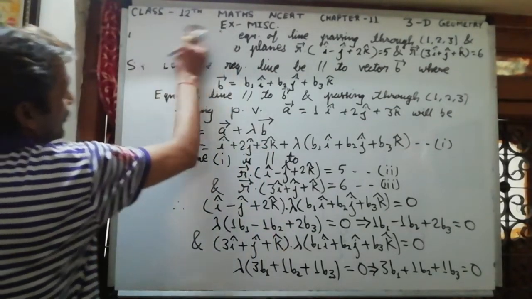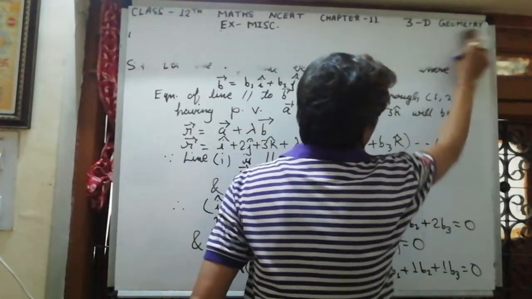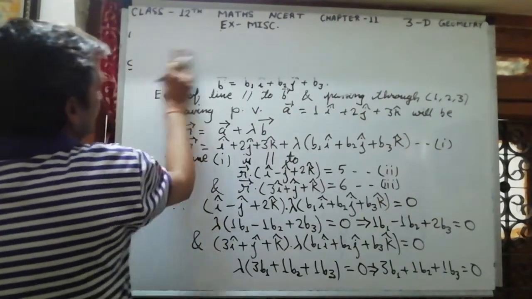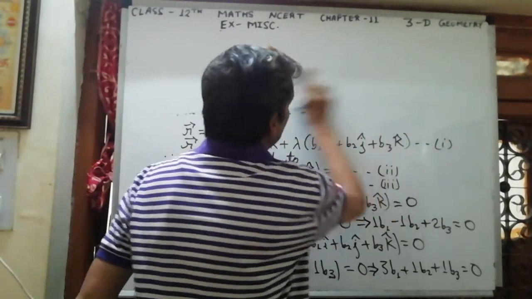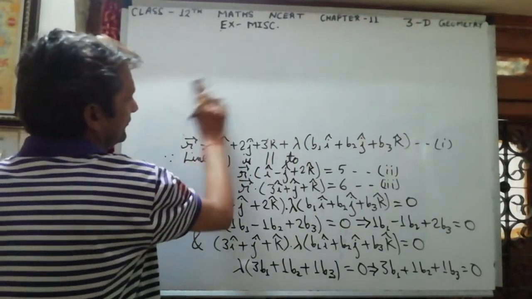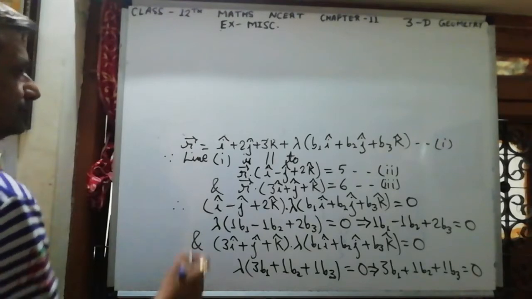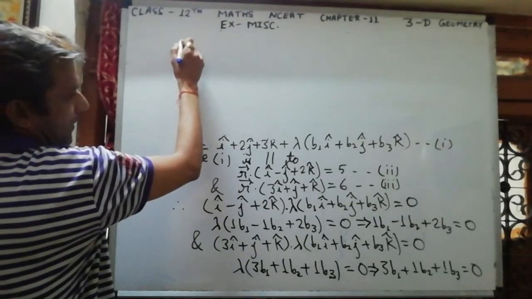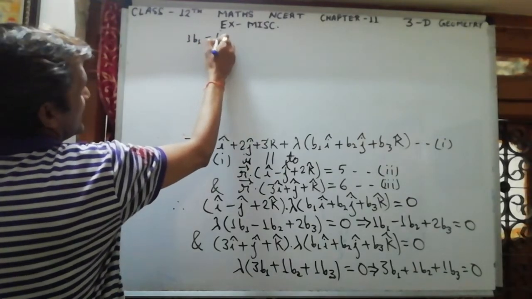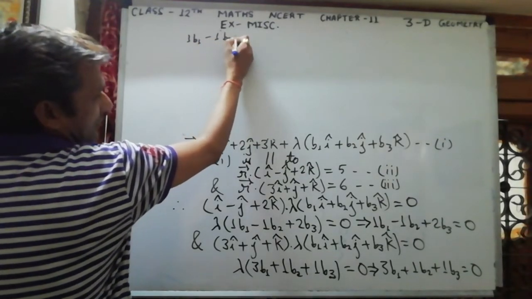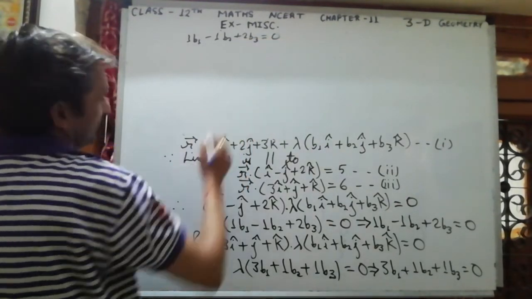So on further solution we will get 1 b1 minus 1 b2 plus 2 b3 is equal to 0.